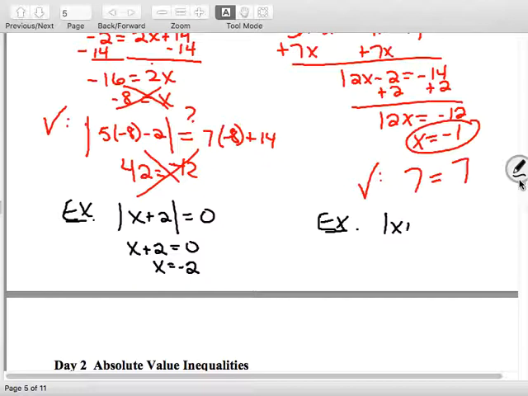How about this? What if I have absolute value equals a negative number? Can you think of any number for x that would spit out of the absolute value a negative 2? No. That means I don't even write anything except no solution. Okay?